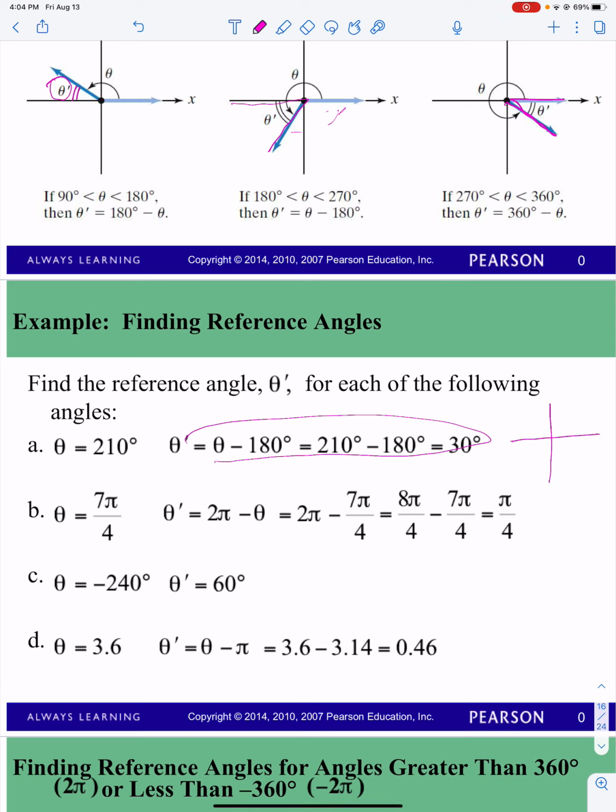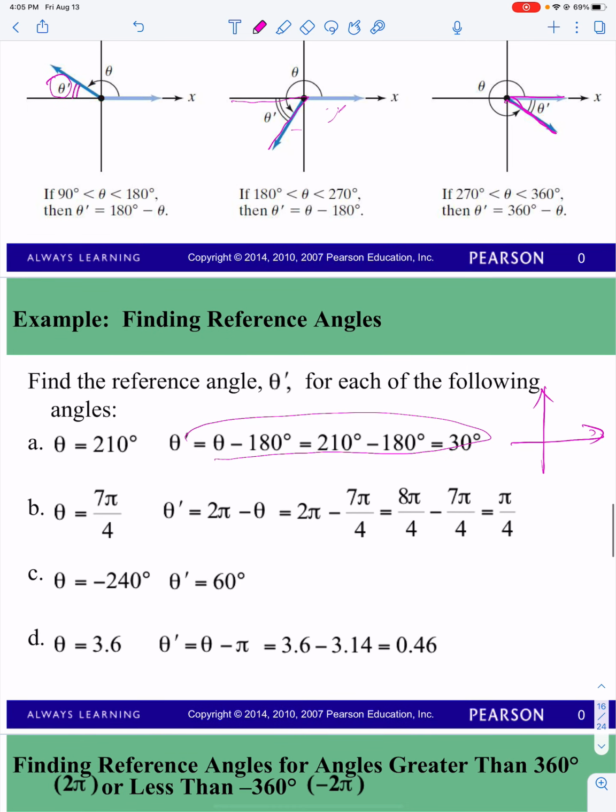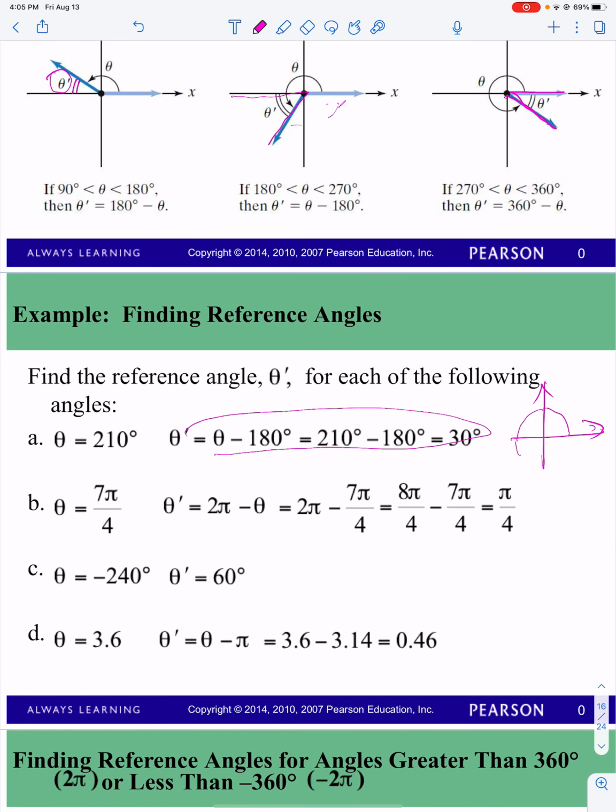So draw here is 90, here is 180. So 210 is a little bit more than 180, so it's right here. Are you with me? If you draw the picture, you will also know the formulas.